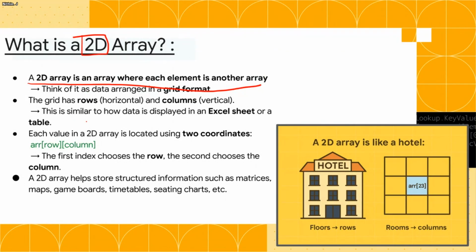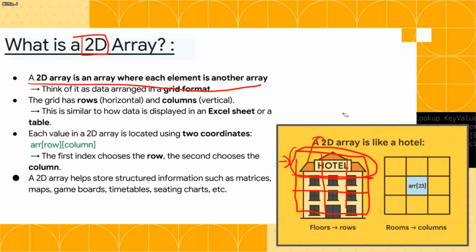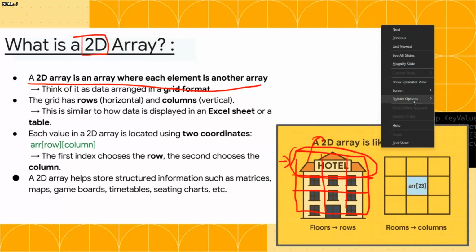And if I want to give you the best analogy where you guys can understand it in more detail, it is by giving an example of a hotel, where we have this hotel, and this is kind of like a grid, as you guys can see, and this represents a single row, and each row has a new individual array, and like that we can have as many arrays as we want.